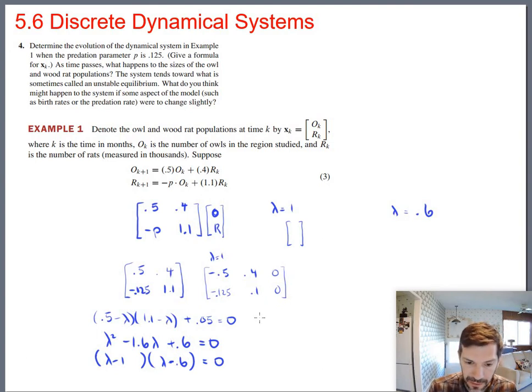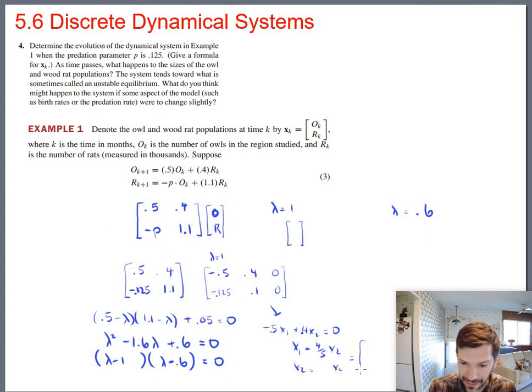So we get some sort of equation. We get negative 0.5 x1 plus 0.4 x2 equals 0. Move that over, so x1 equals 4/5 x2, and x2 equals x2.